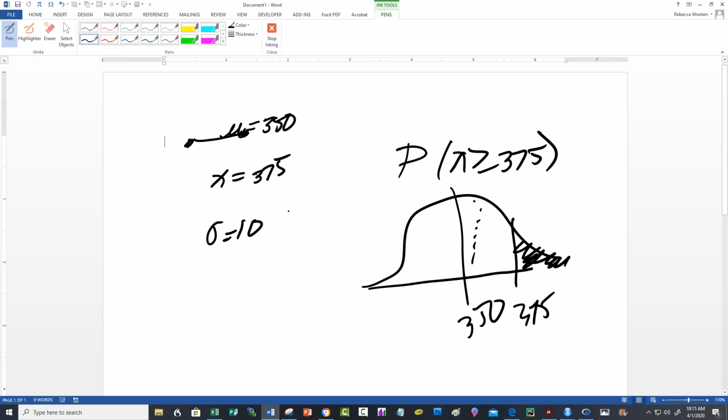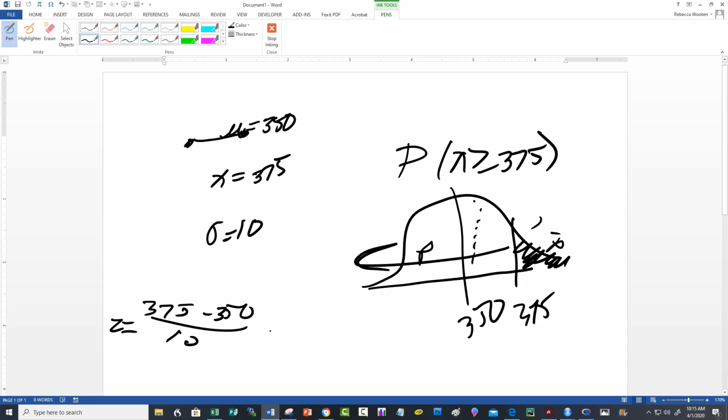If we know the probability to the left, then what we're looking for is 1 minus that probability. So we will convert this to a z-score. It becomes 375 minus 350 over 10. So we're asking, what is the likelihood that it can go 2.5 deviations above that?